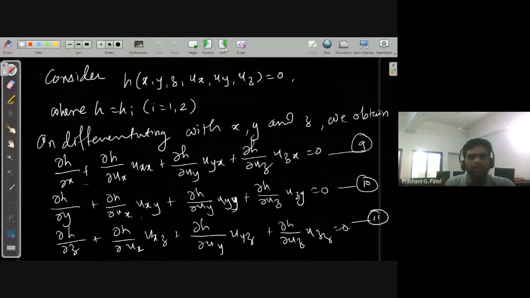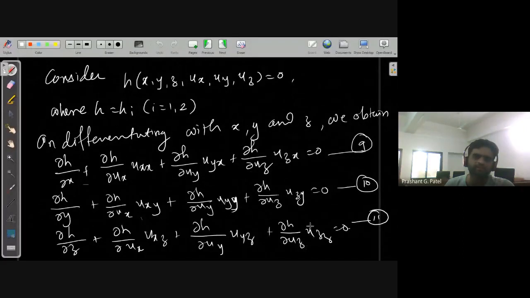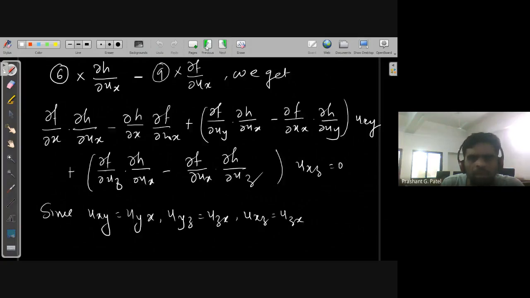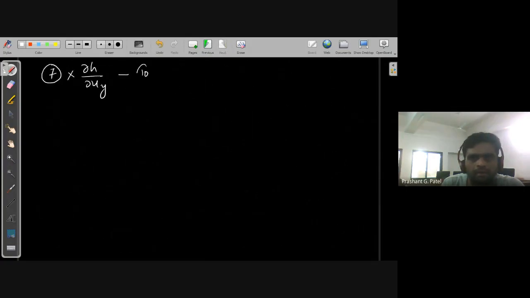To do that, we need to remove this UYY term, and from this the UZZ term, that term we need to cancel out. So for that, what I will do is multiply equation number 7 by del H by del Uy and subtract from equation number 10 with del F upon del Uy.